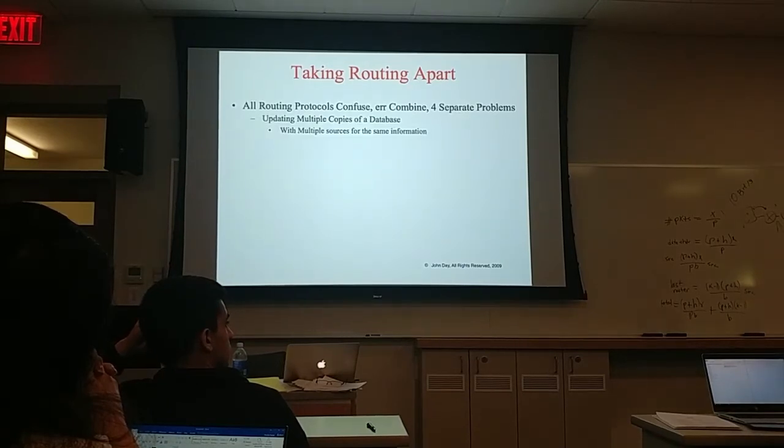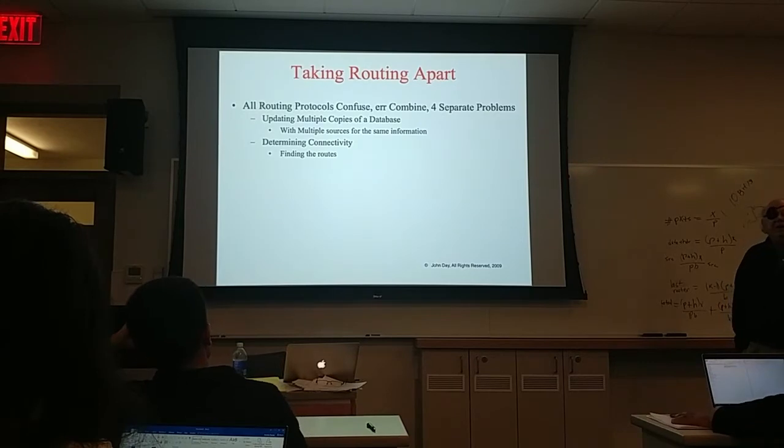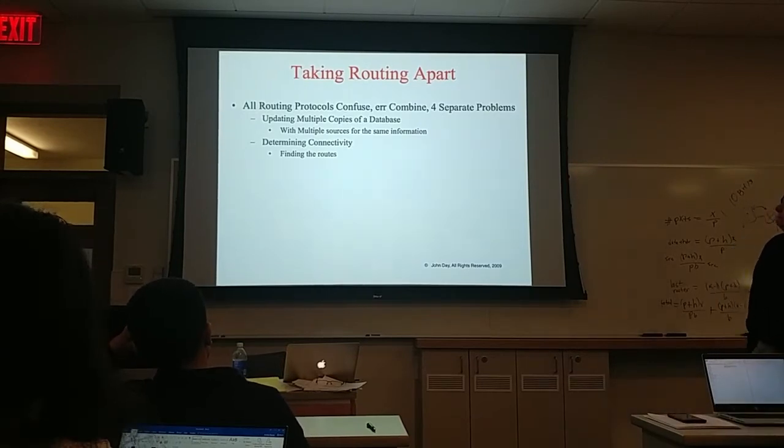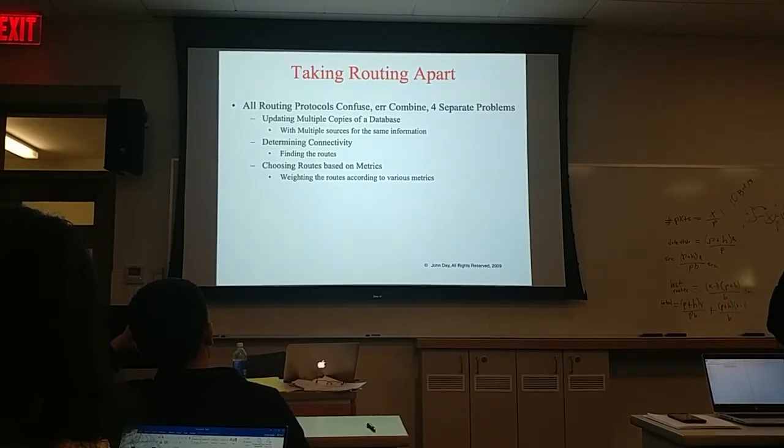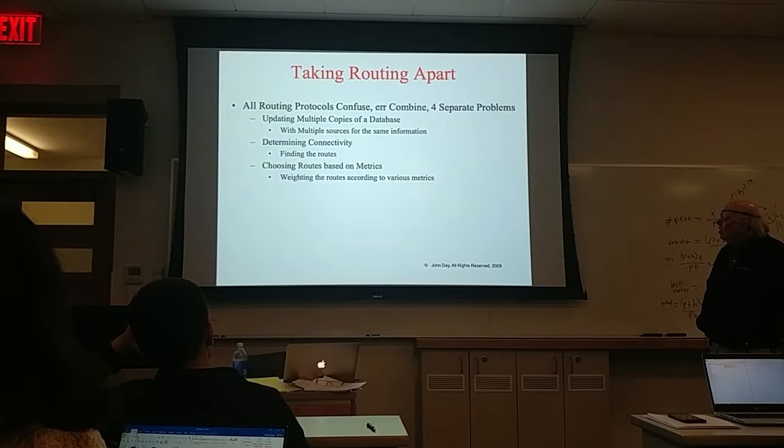So the first thing we have to do is update multiple copies of the database with multiple sources for the same information, determine the connectivity and find the routes based on that data. Then we choose the routes based on some sort of metric, some weights that we put on the paths or the arcs in the graph. And then we create a forwarding table.